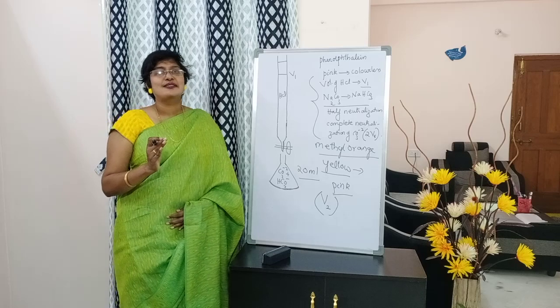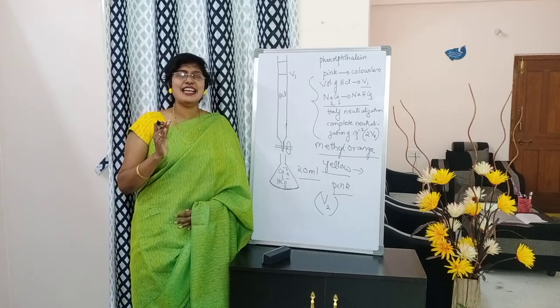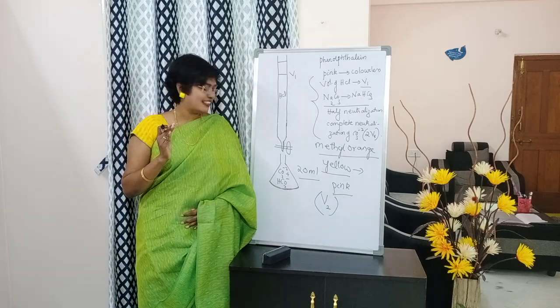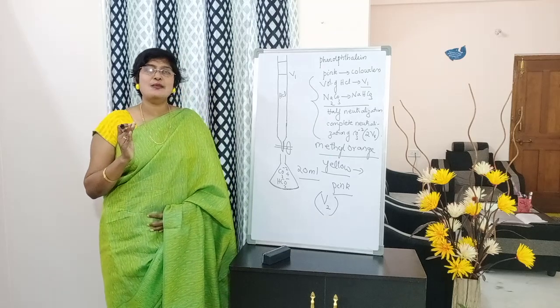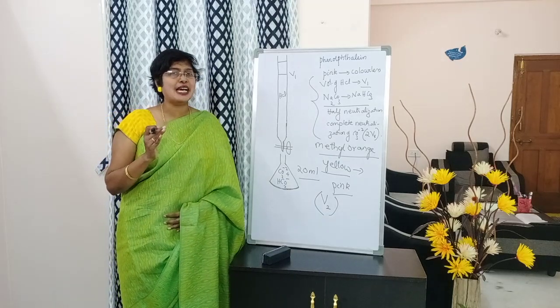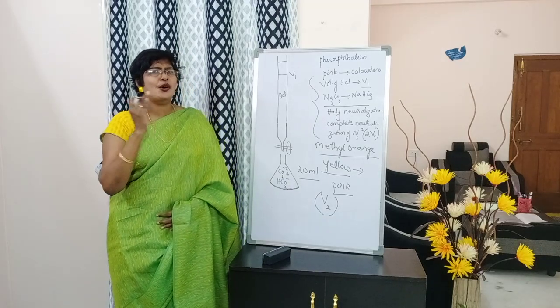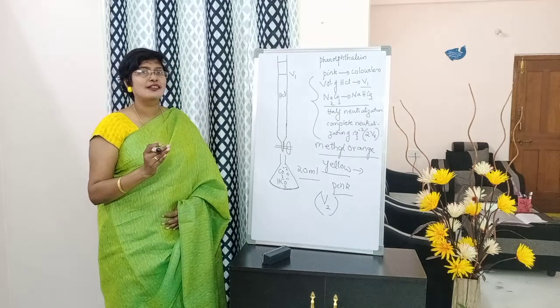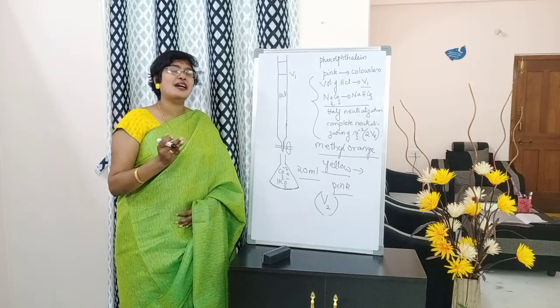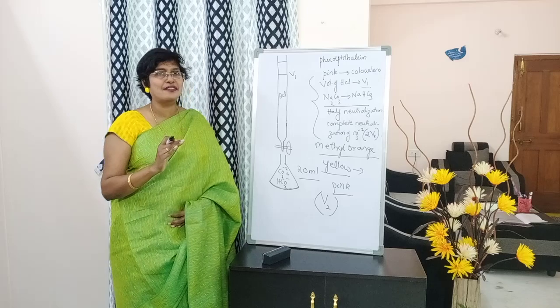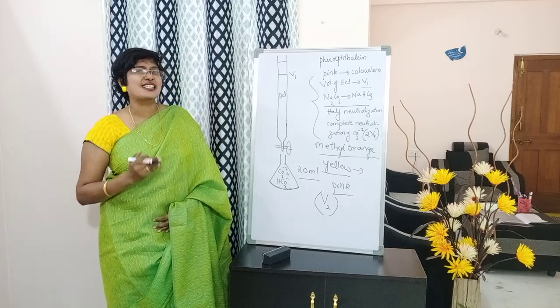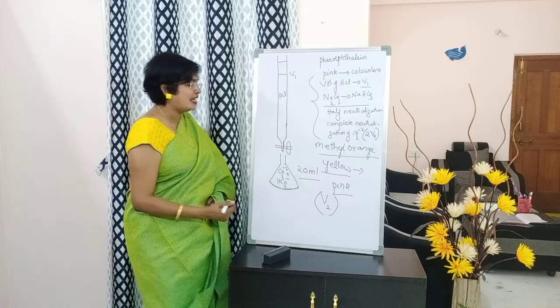Okay? Can anyone guess, students? How will we estimate the amount of bicarbonate? Total volume is V2. Volume of HCl required for carbonate is 2V1. So how will we estimate HCO3 -? Very good.